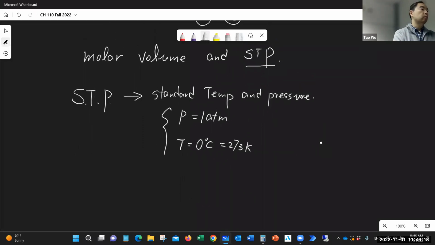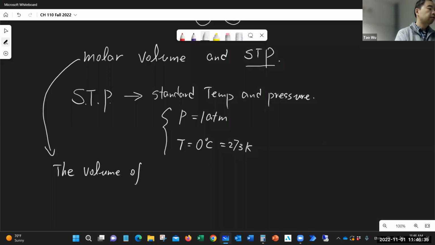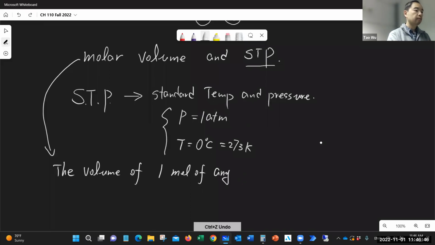So what is the molar volume? Molar volume is the volume of 1 mole of any gas at STP.